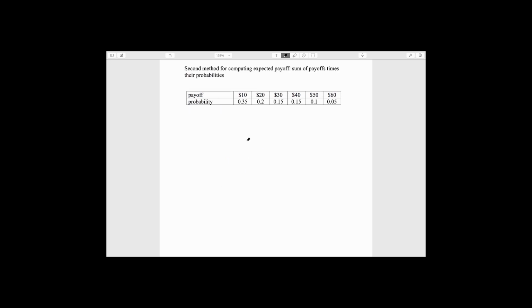By the second method for computing expected value, we relentlessly multiply payoff times probability of obtaining that payoff. So $10 times 0.35 plus $20 times 0.2 plus $30 times 0.5. Right? We're taking each payoff and weighting it by its likelihood of occurrence.